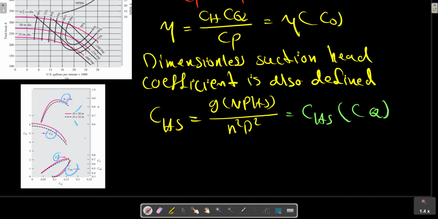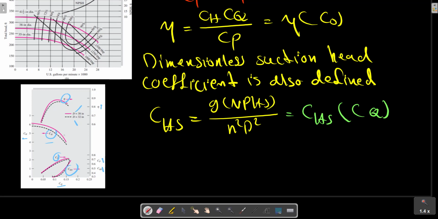The shaft speed is not specified because it affects CH and CP in the various data that should be read.